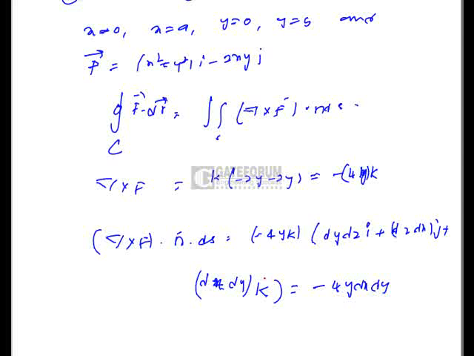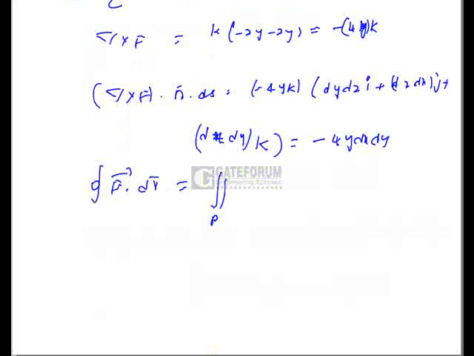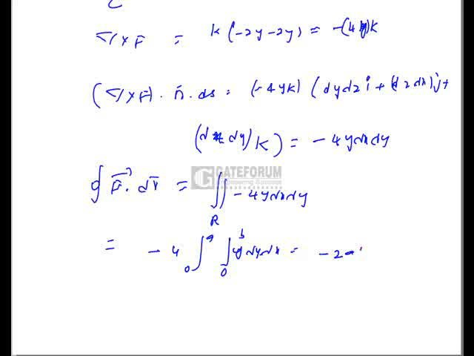Now let us find this integral f dot dr, which is nothing but over the region minus 4y dx dy, and the regions are, we know, 0 to a for x, and 0 to b for y, dy dx. If I simplify, it will be minus 2ab square, which is option D.